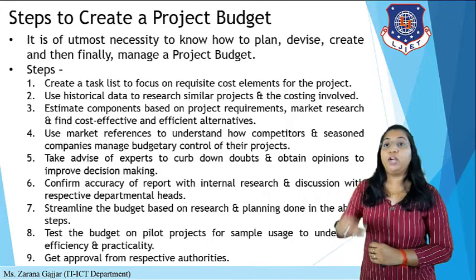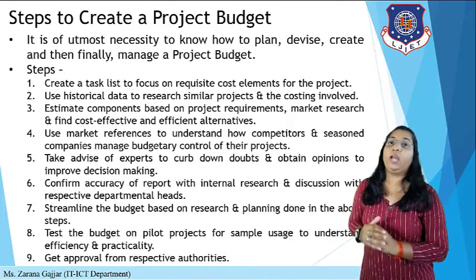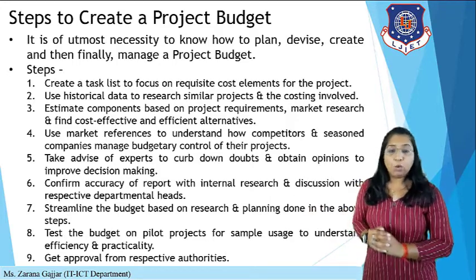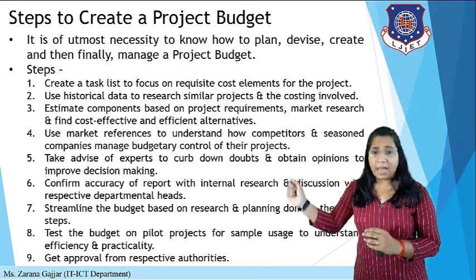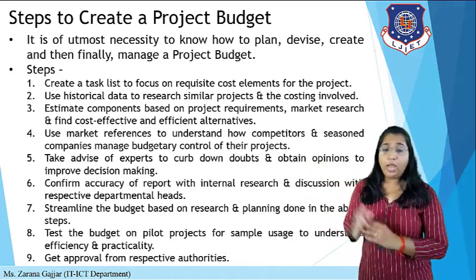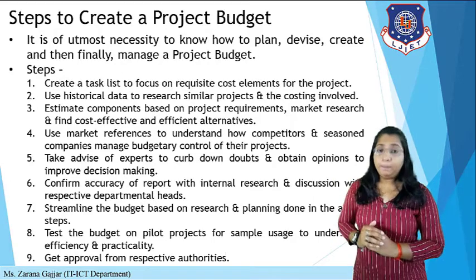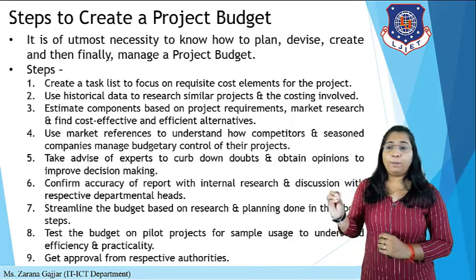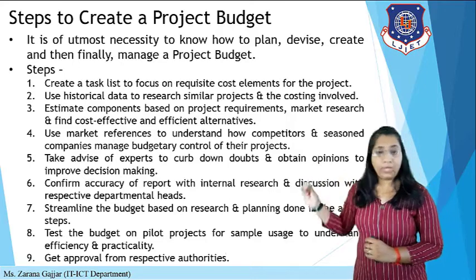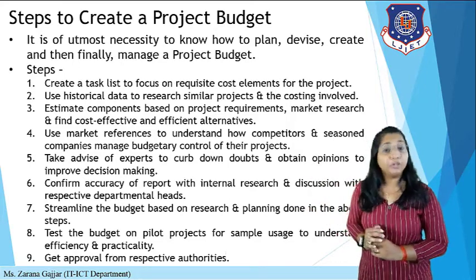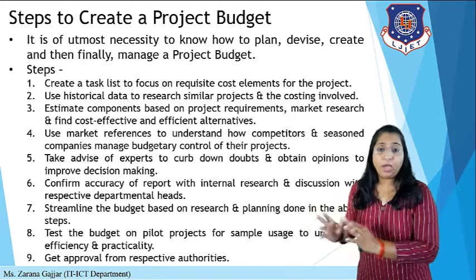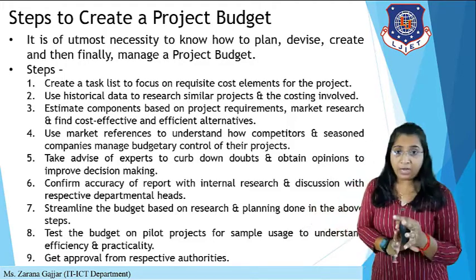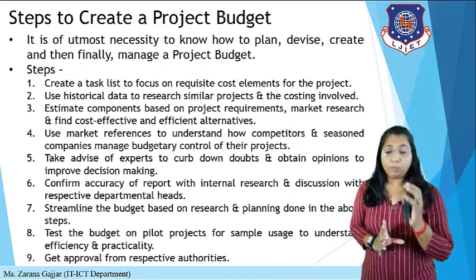So you can do market research and find out some cost effective and efficient alternatives. For example, there are two products, a Balaji product and a Real product, and also a Gopal product. One of the products, wafers, comes in the Balaji category as well as the Real category. Balaji will cost you 10 rupees for a wafer. And if Real is in the market, what will the Real product do?